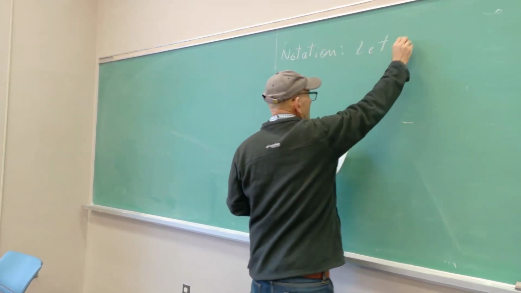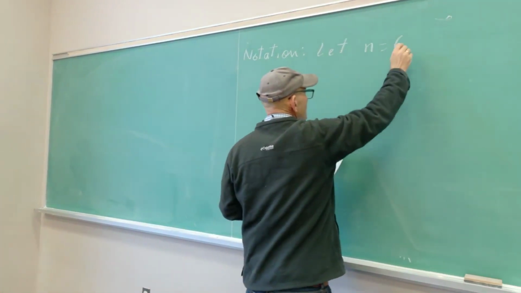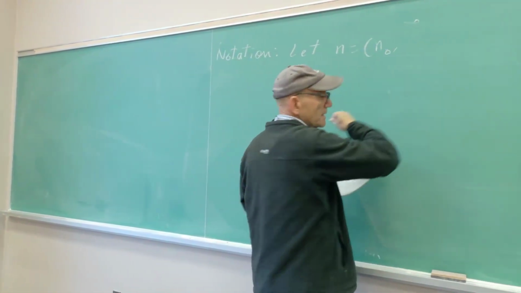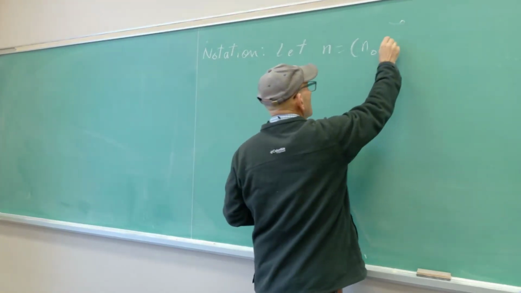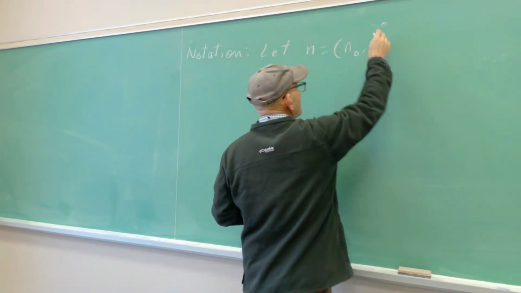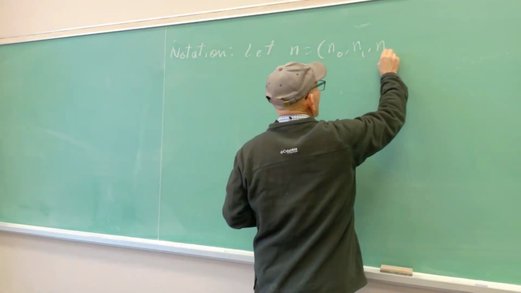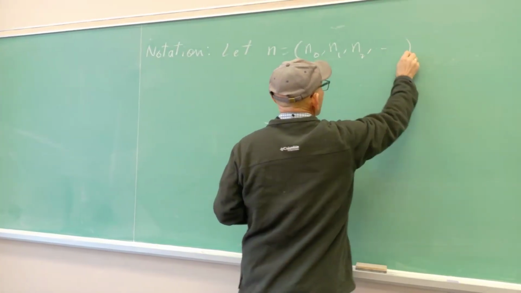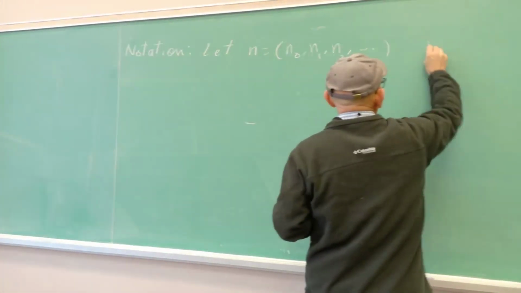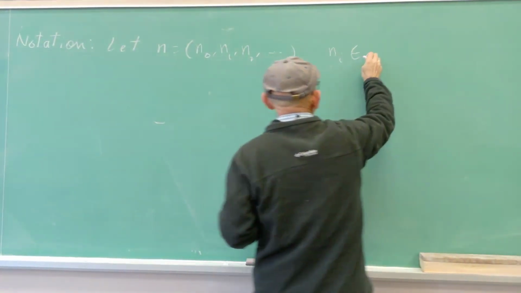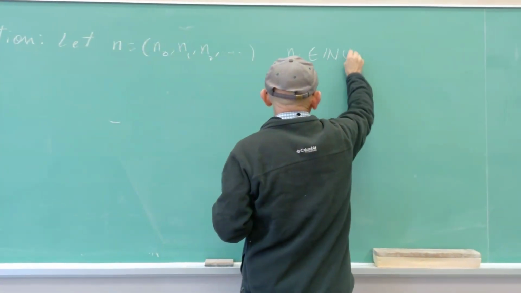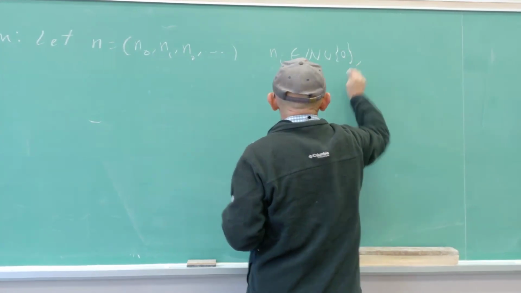Let n be equal to (n_0, n_1, n_2, and so on), potentially infinite, where n_i belongs to the natural numbers union 0.